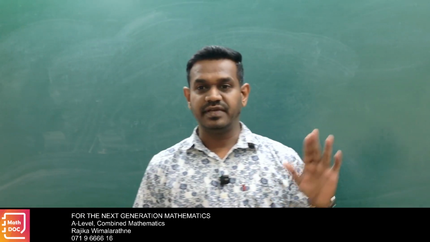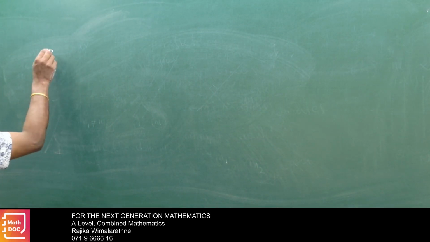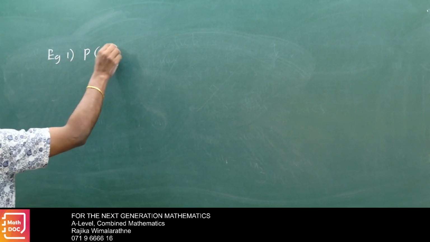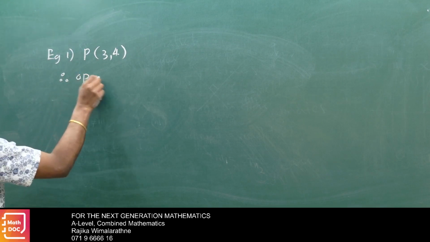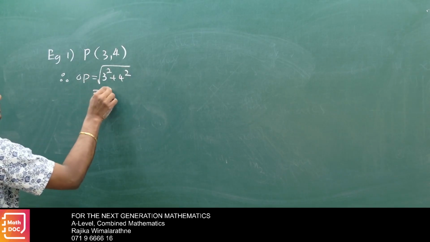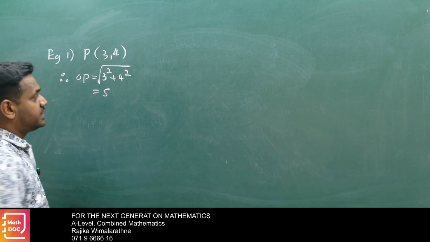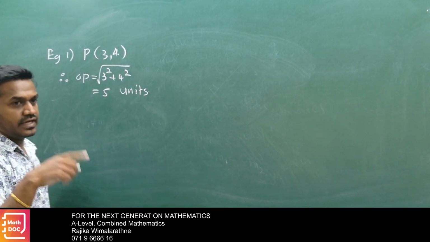Now you do these examples with me. P equals 3, 4. Therefore, OP equals the square root of 3 squared plus 4 squared. It is 5. OP means length, no? Then there can be units, so you write units here: 5 units.